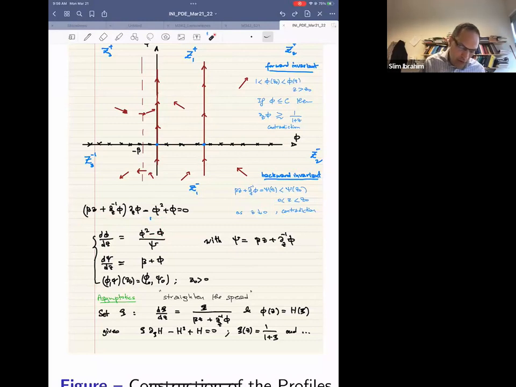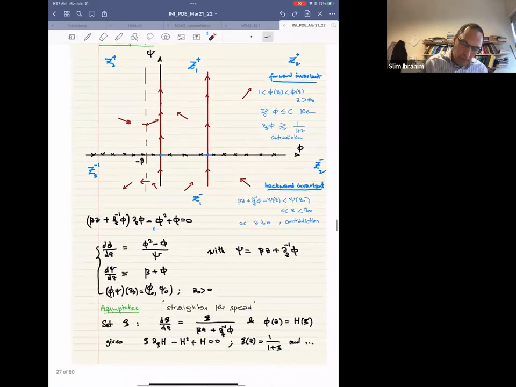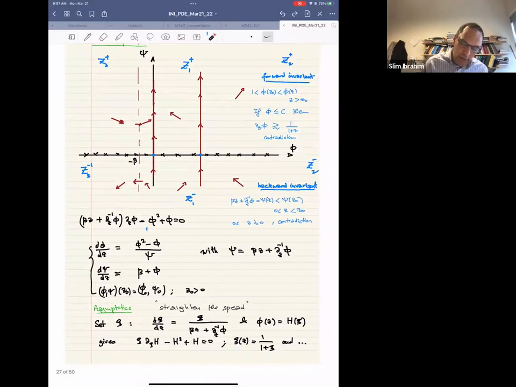So it does not vanish except at these two points, which correspond to the constant solutions phi equal to 0 and phi equal to 1, and these are the only constant solutions. Once you draw the phase space, you can split it into regions. This is the first one, Z1 plus, Z2, Z3, and the negative corresponding parts.